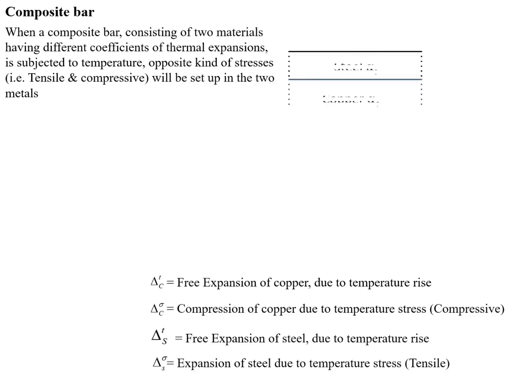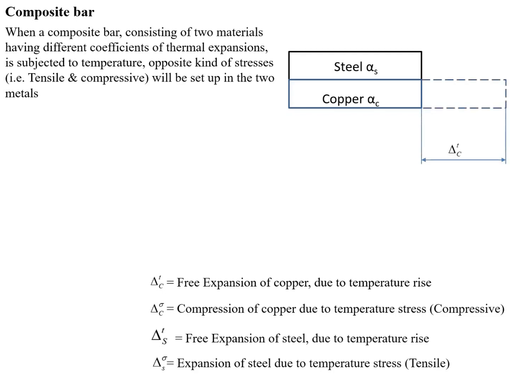Let us consider here a composite bar having two materials, steel and copper, and we know the coefficient of thermal expansion of copper is greater than the coefficient of thermal expansion of steel.